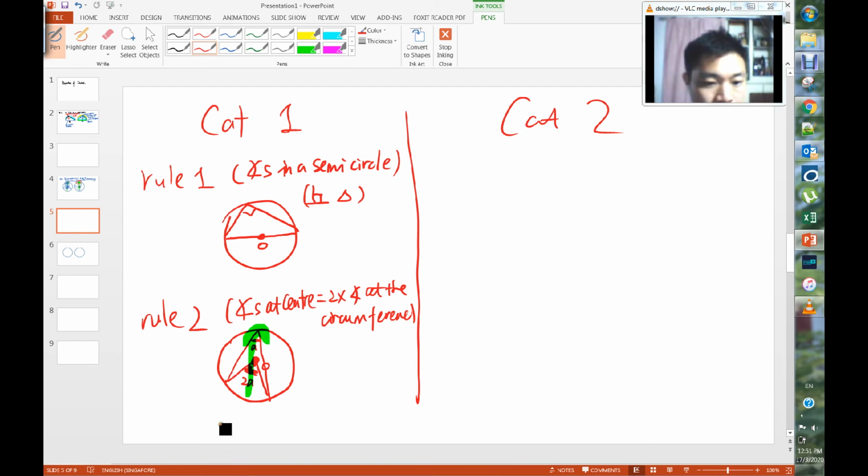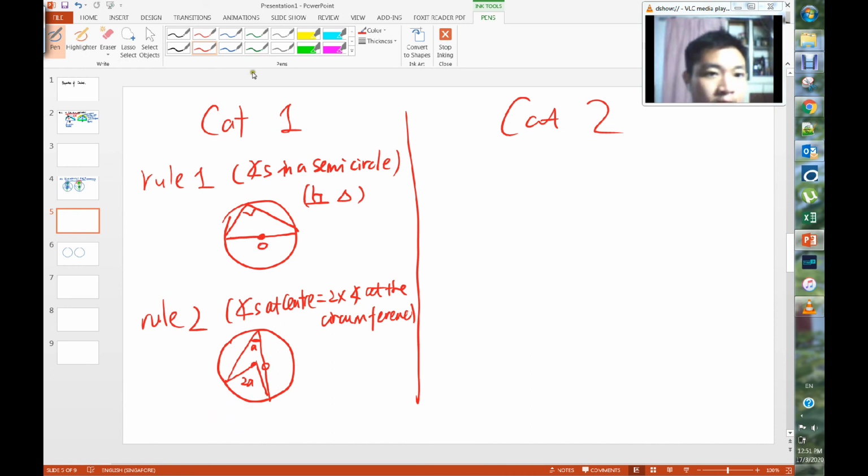Okay, so if you observe these 2 rules carefully, you should be able to identify they have similar features.